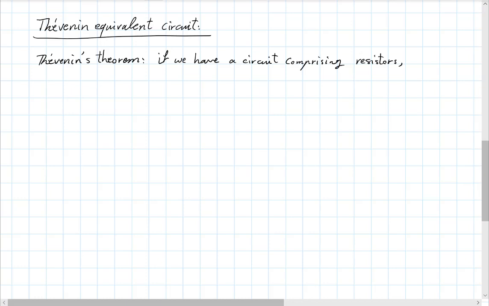They have purely a linear relationship. They follow Ohm's law. Comprising resistors, independent sources, and dependent sources that have, again, only linear relationships.